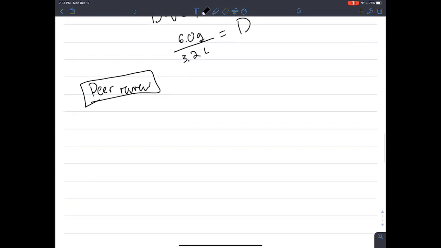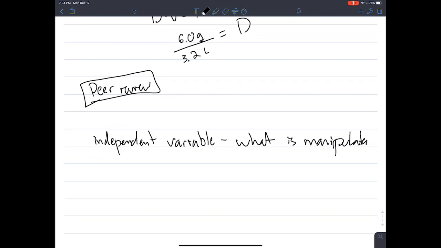Independent variable. So the independent variable is what is manipulated in a study. It's independent of, it's not rigidly set in place. It's not something that's always staying the same. So the independent variable can be changed.